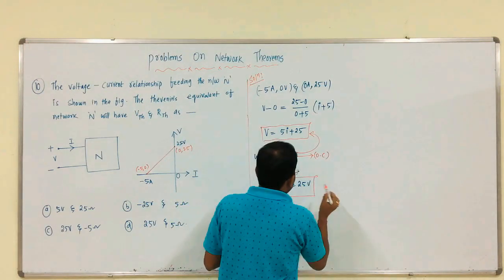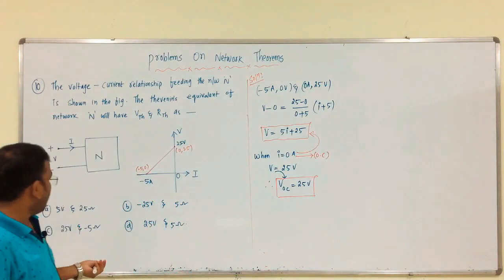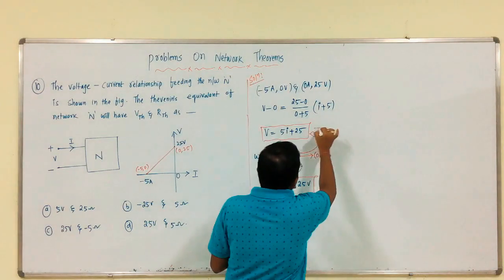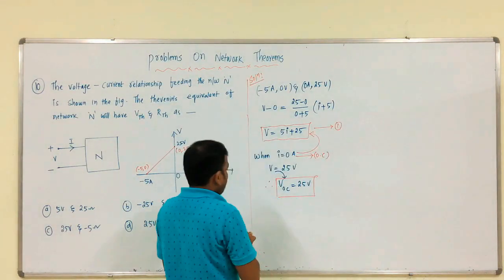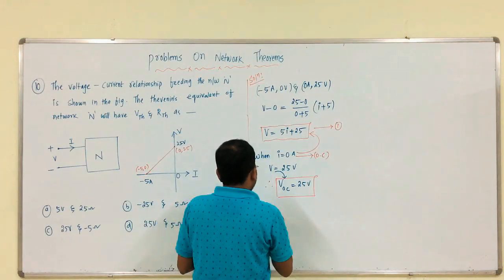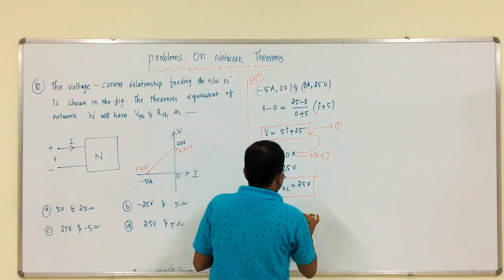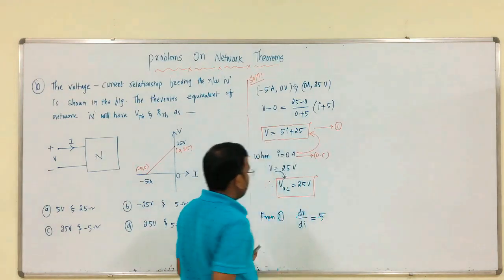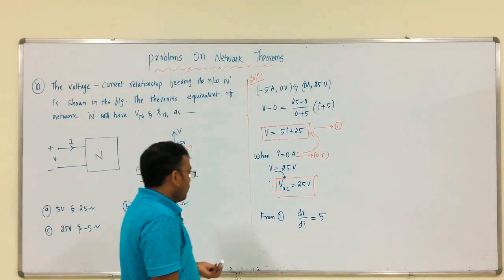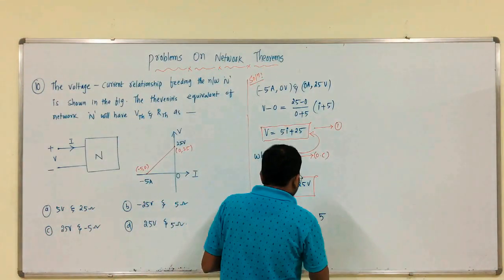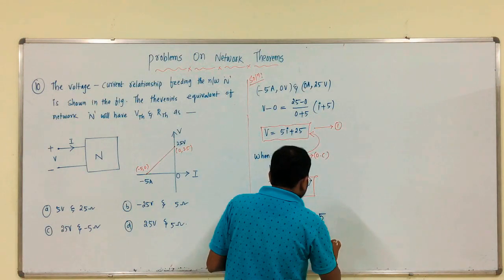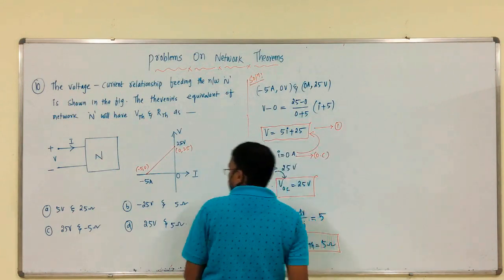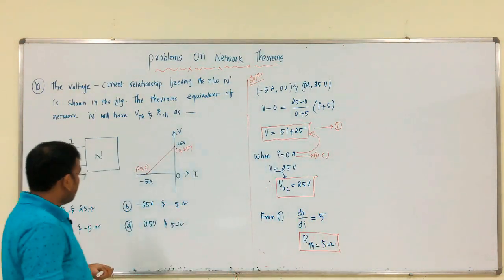We have VOC 25 volts, right. Next, from this equation, dV by dI is equal to 5. That is it, right. Therefore, RTH is 5 ohms. That is it. Option D, 25 volts and 5 ohms.